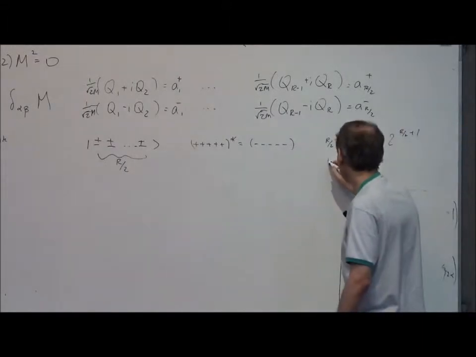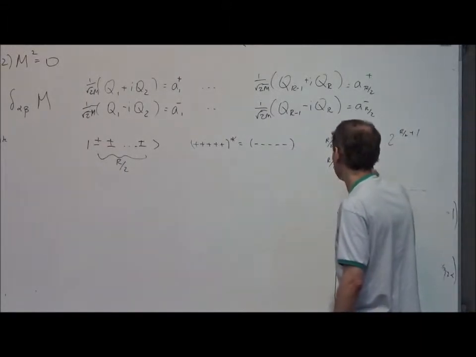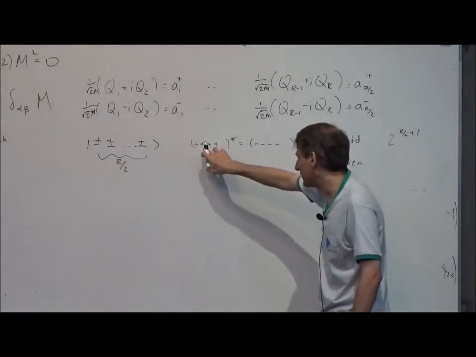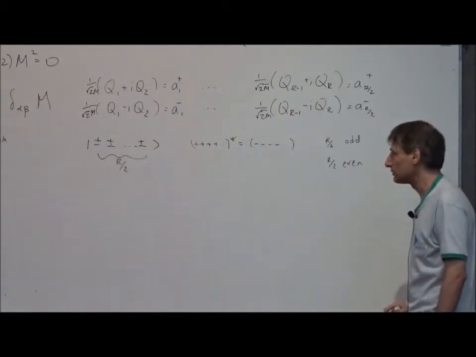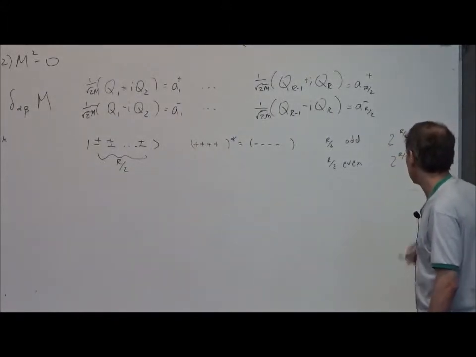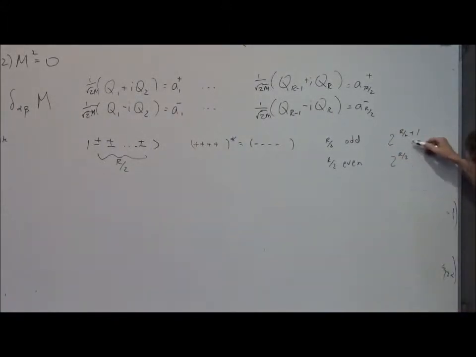If R over 2 is even, if there was only one of these, then this would be fine, because this is a boson, this is also a boson. So in this case, you have 2 to the R over 2. Now these states, of course, are half bosons and half fermions.